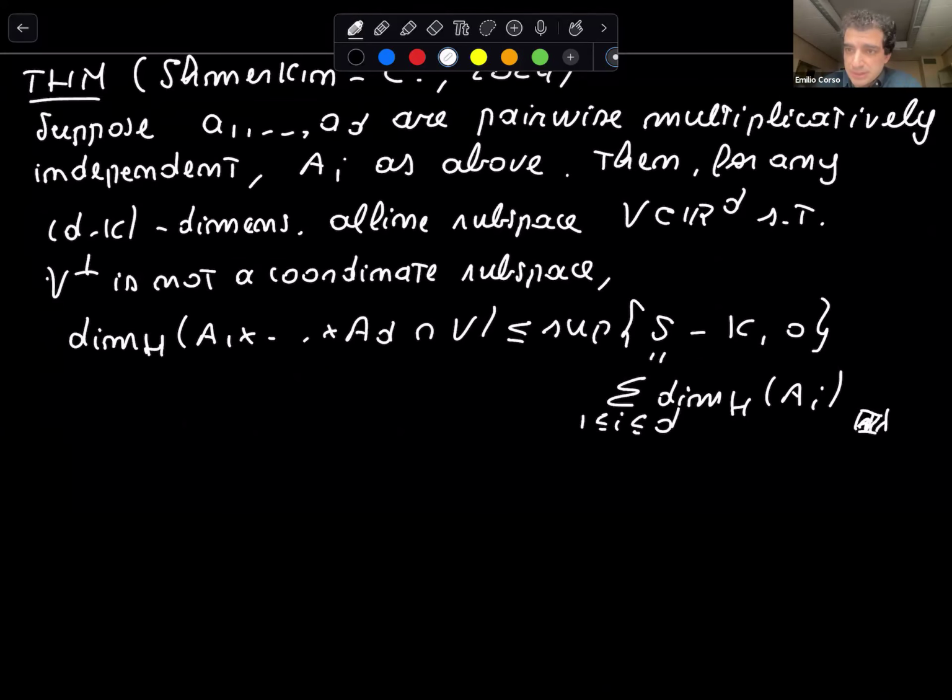A few words about this result. It holds more generally, just like Pablo's original proof of Furstenberg's intersection conjecture. It holds more generally for the upper Minkowski dimension, except that I will focus for the sake of illustration on the Hausdorff dimension.